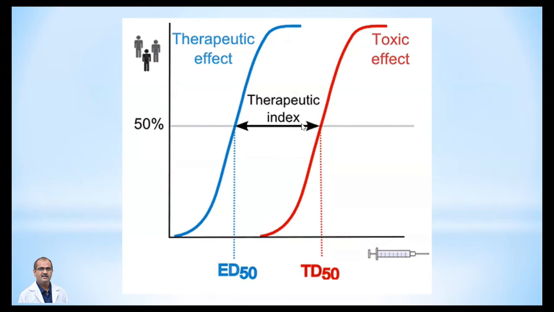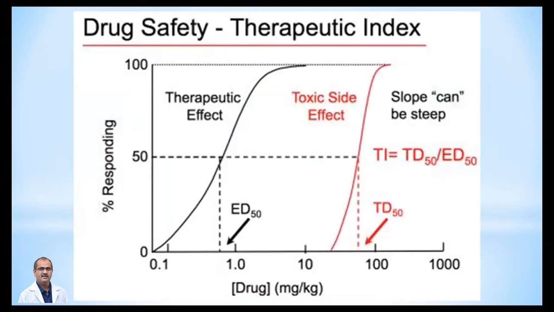As the therapeutic index is more, the drug is safe. Then drug safety versus therapeutic index. The therapeutic effect will be obtained by any of the administered drug and the percent of responding people. The drug may be administered in milligram per kg also.